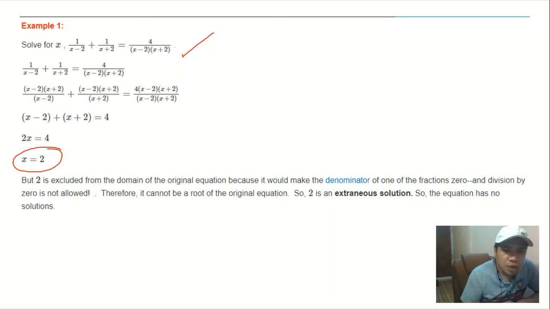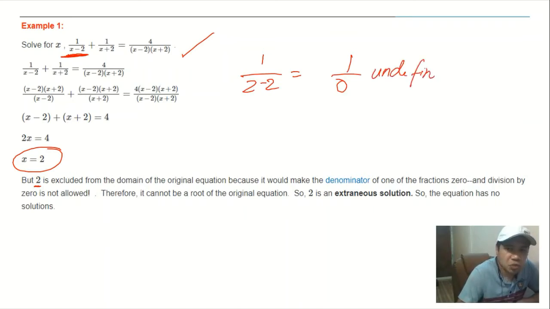Pero, 2, kapag sinubstitute natin sa part pa lang na to, 1 over 2 minus 2 is 1 over 0. Bawal yun. Undefined yung tawag doon. So, hindi siya solution. Yan yung in-extra ko lang for extraneous solutions.